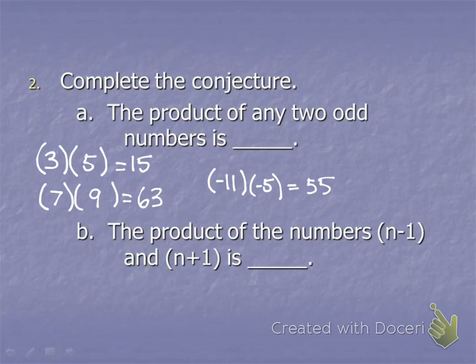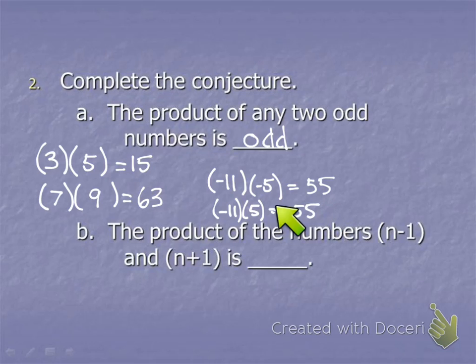Odd. Someone said positive. So far, they've all been positive, but what if we did negative 11 times positive 5? Then we get negative 55. So I can think of, we call this a counterexample, an example that proves your conjecture wrong. If you can, then you need to redo your conjecture.